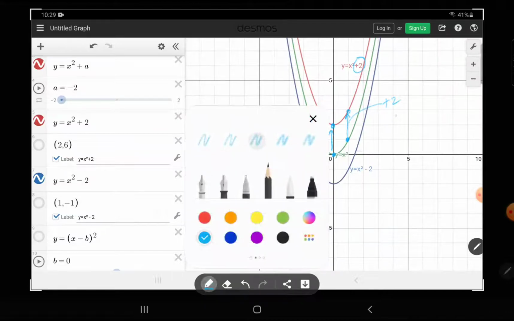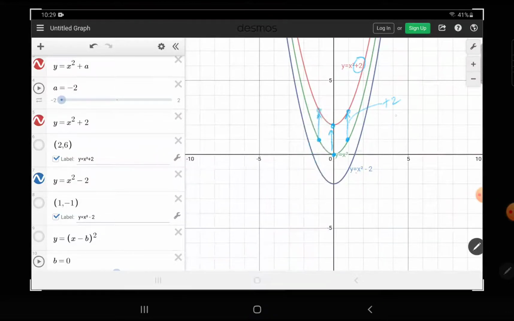Versus going in the downwards motion, you notice that each of these points are going in the negative direction. They get brought down by 2. So that's why in our equation we have y equals x squared minus 2.